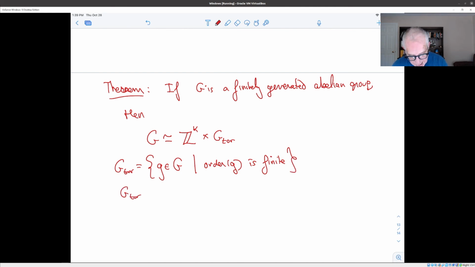So you can apply the previous result. And one way to think about this is that if you have a finitely generated abelian group, it's a product of copies of Z and cyclic p groups.